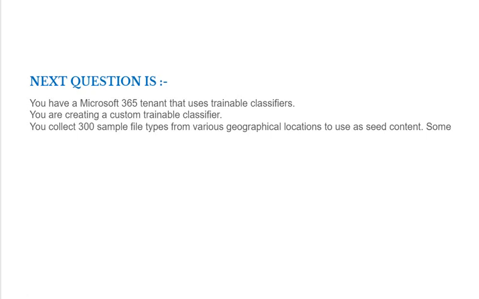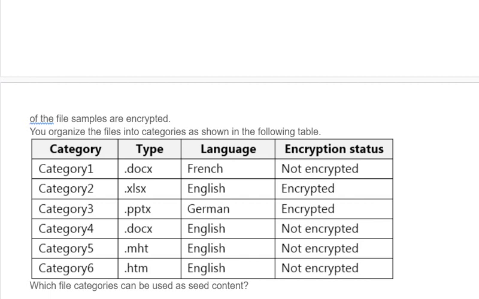Some of the file samples are encrypted. You organize the files into categories as shown in the following table. Please see the table. Which file categories can be used as seed content?